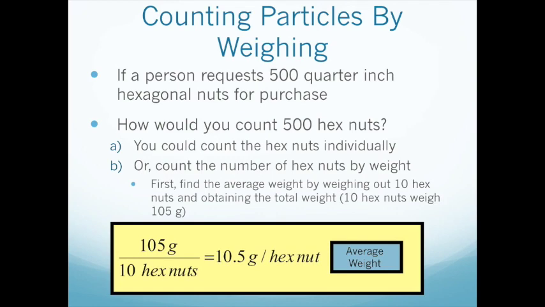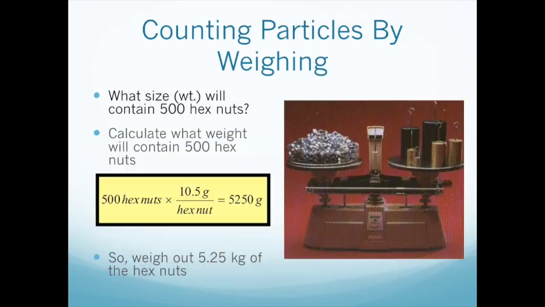They have slight variations in their size and mass, but on average they will all be about the same. So in this example, 500 hex nuts would weigh 5,250 grams. So then you could take a scale and weigh out 5.25 kilograms of hex nuts, and you would have approximately 500 of them.